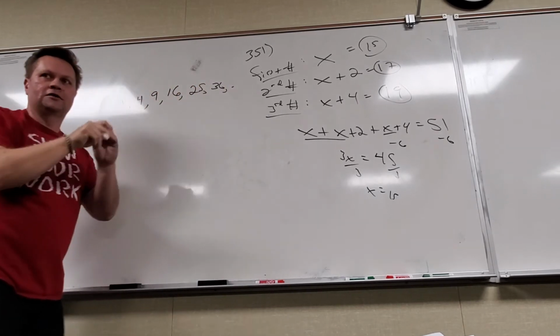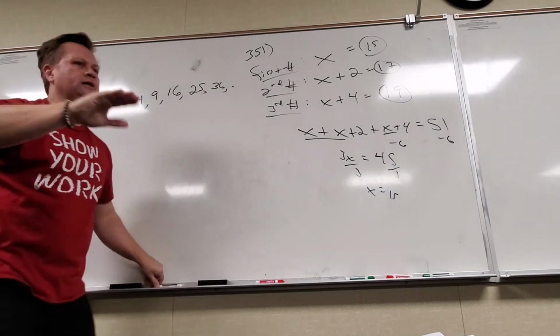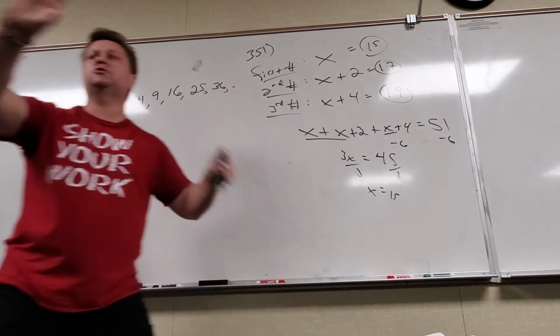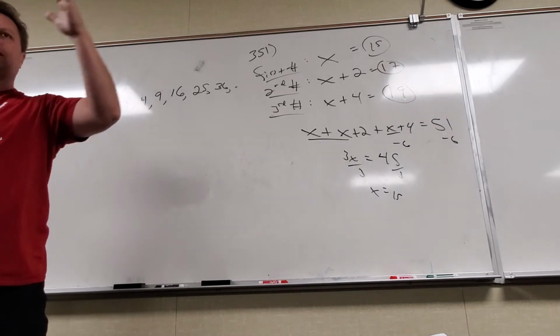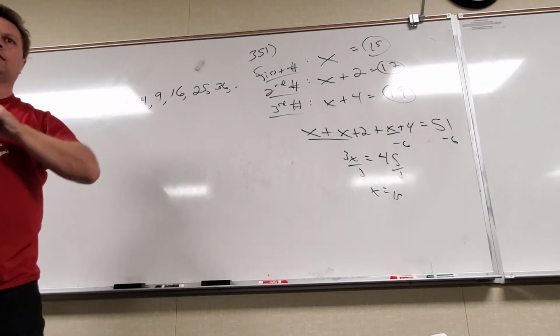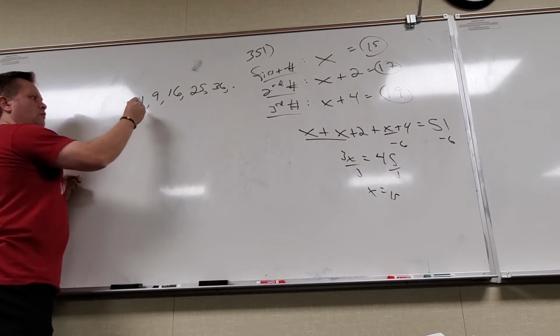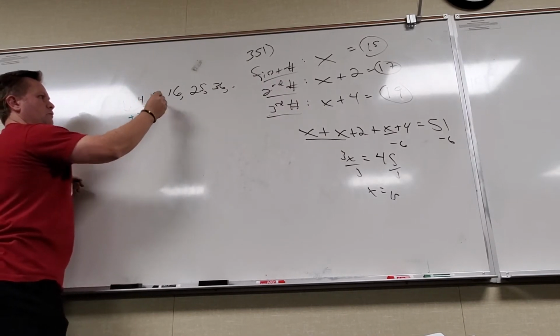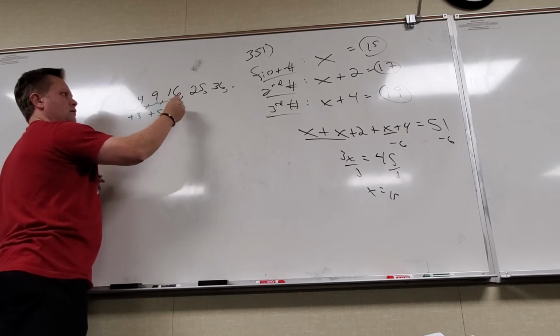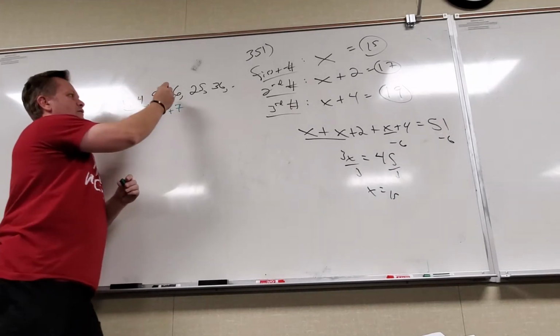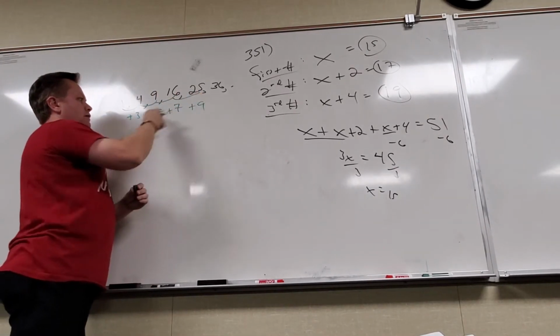All right, now watch. I'm not saying this is going to be in a problem. I just want to show you a nifty example of this idea of a pattern. What do I add from 1 to get to 4? 3. What do I add from 4 to 9? 5. From 9 to 16? 7. Sorry, I gave away an answer. From 16 to 25? Is there a pattern here?